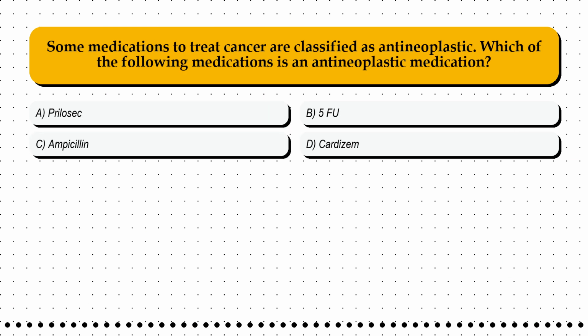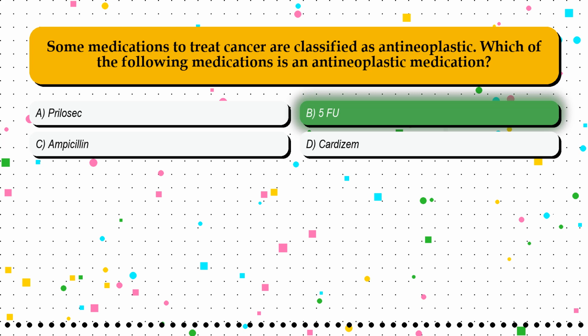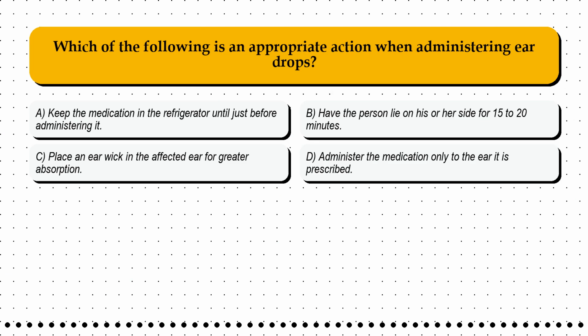Question 252. Some medications to treat cancer are classified as antineoplastic. Which of the following medications is an antineoplastic medication? Option A, Prilosec. Option B, 5-FU. Option C, ampicillin. Option D, Cardizem. The correct answer is option B, 5-FU. Question 253. Which of the following is an appropriate action when administering ear drops?